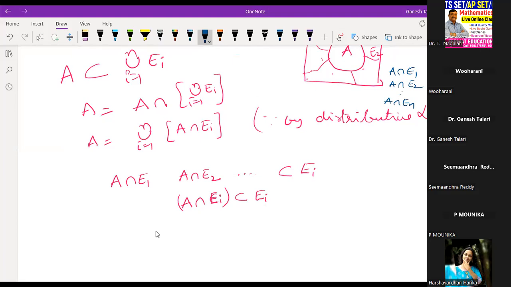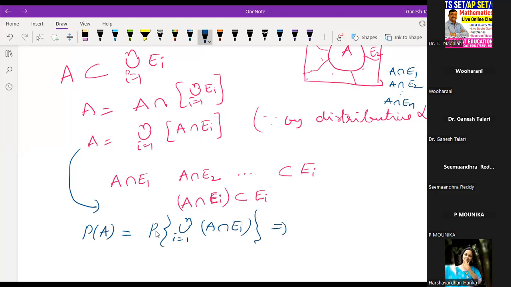So as per the axiom, how can I write it? Probability of A is equal to probability of the union of i ranging from 1 to n of A intersection Ei. So probability of A is equal to summation i ranging from 1 to n of probability of A intersection Ei.